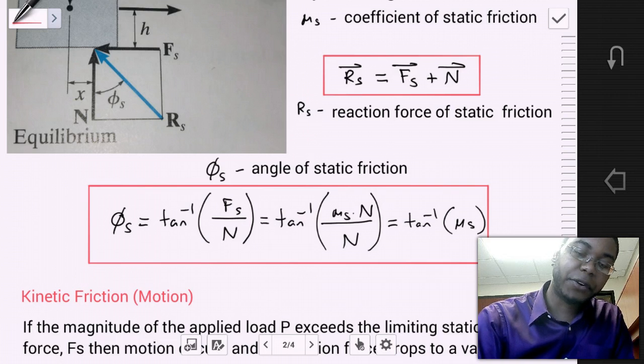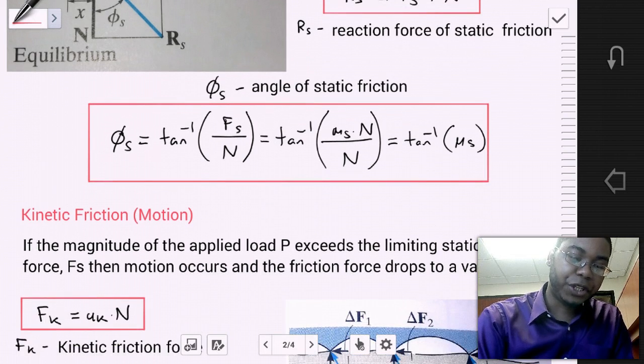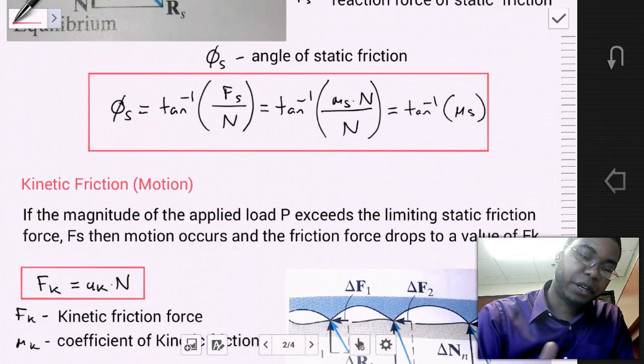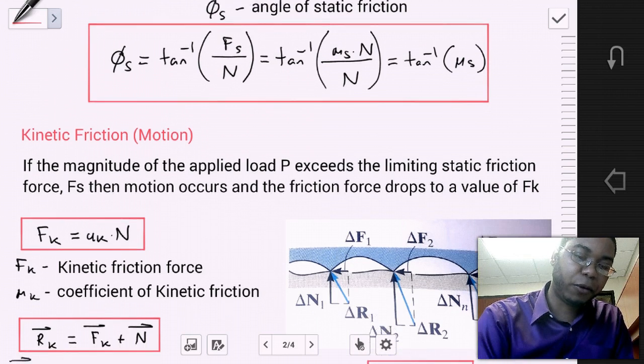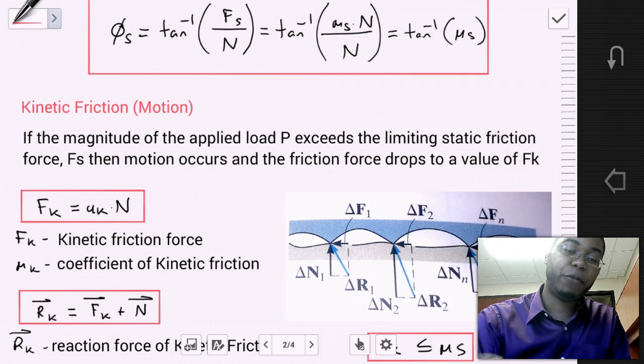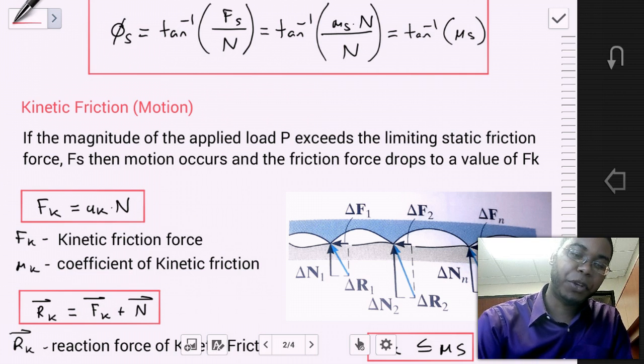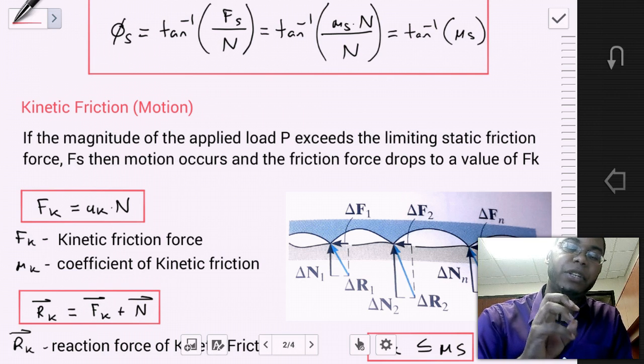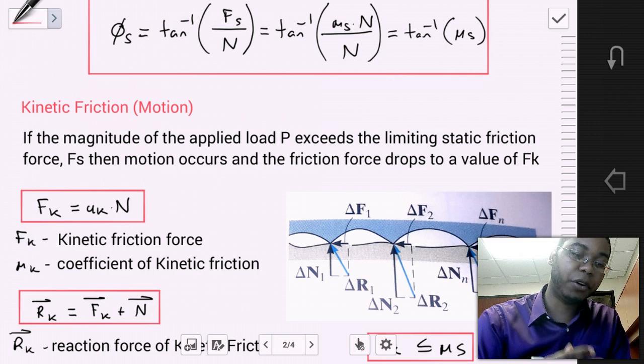Now let's look at another type of dry friction, which is kinetic friction. Kinetic friction is friction under motion. In this case, if the magnitude of the load that is applied exceeds the limiting static friction force, so if we're no longer in equilibrium, if force P is greater than Fs, then we know that motion is going to occur because our equation of equilibrium has been violated.